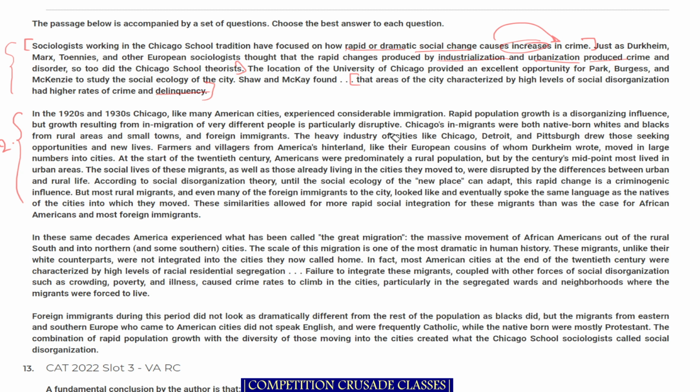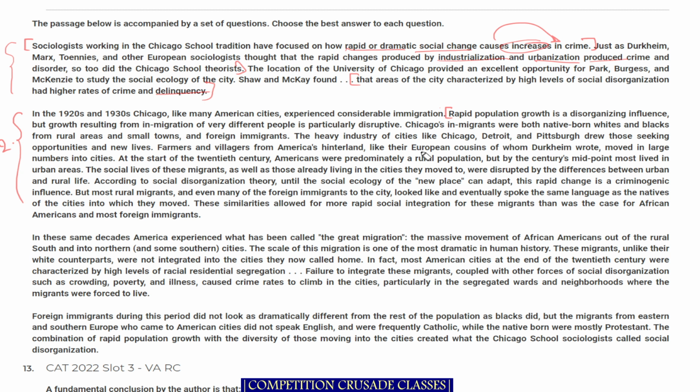In the 20s and the 30s, Chicago, like many American cities, experienced considerable immigration and rapid population growth. Rapid population growth is a disorganizing influence, but growth that results from in-migration of very different people is particularly disruptive. Please understand, what are we talking about?